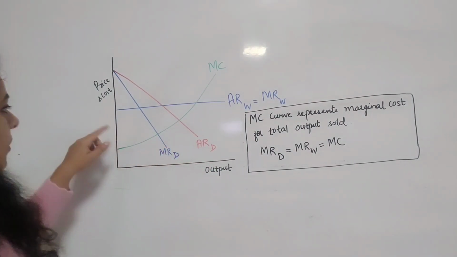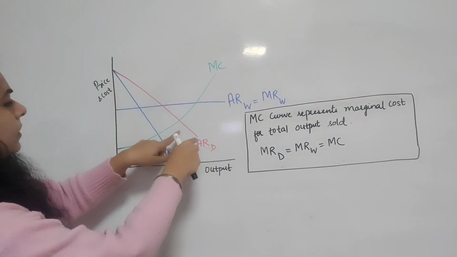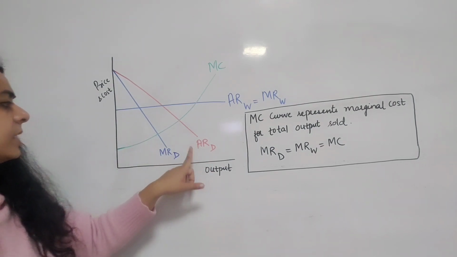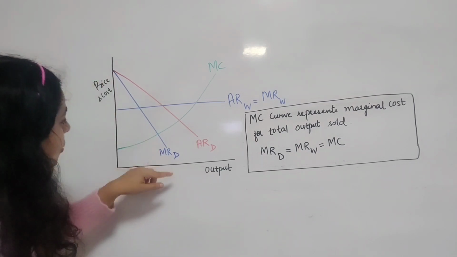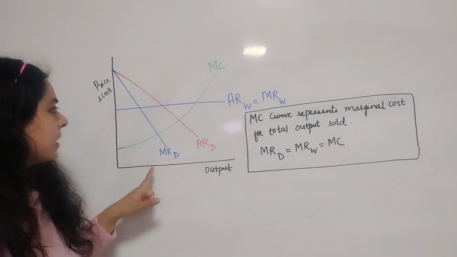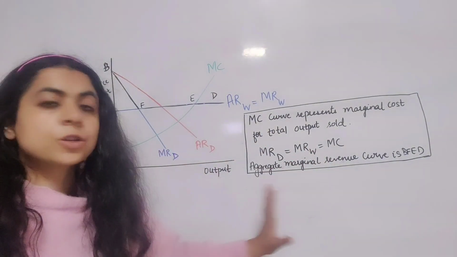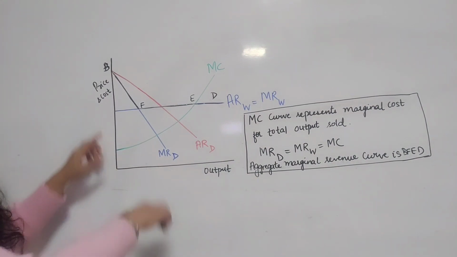And here we have the demand curve of the seller in the domestic market where he has monopoly power, and this is the corresponding marginal revenue curve in the domestic market. The MC curve represents the marginal cost of the total output produced and sold by the producer.